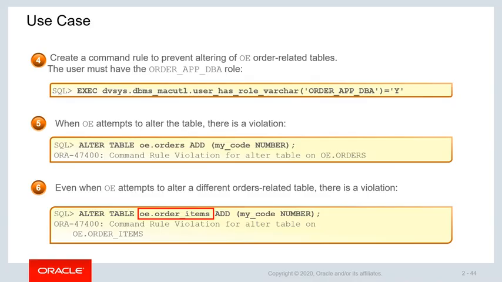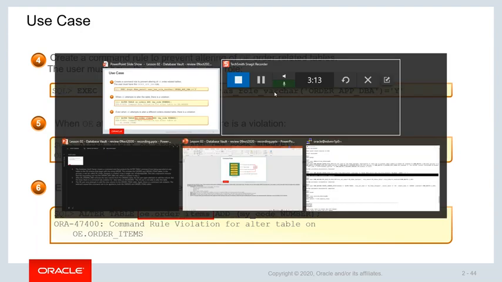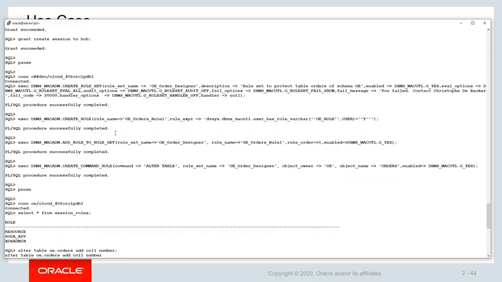Now, just to show you that, I've already demoed that in one of the previous chapters, but look, here I have a rule that says OE orders rule 1. That is a rule that is going to check, does the current user have the role OE role? Then that rule is attached to my rule set OE orders designer.